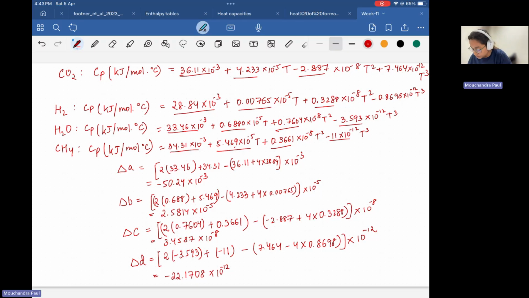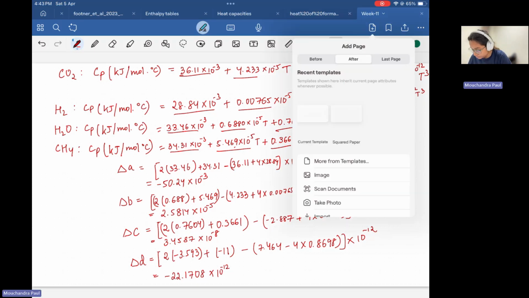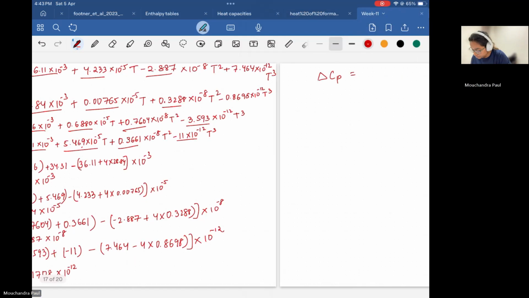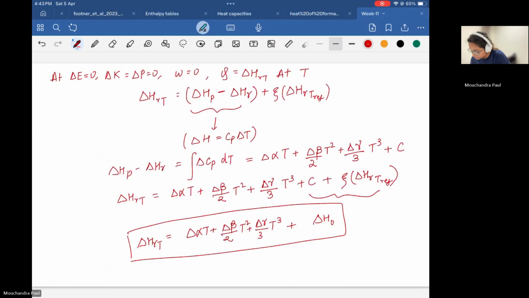So the final value of delta CP will be, let's write a combined equation. So this was delta CP. Let's substitute in this expression delta A, delta B, delta C, right?